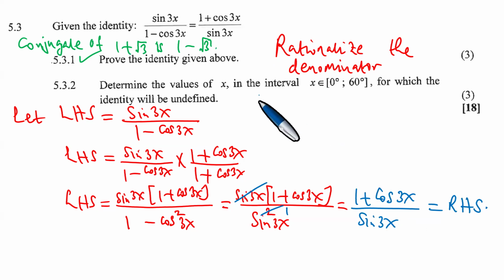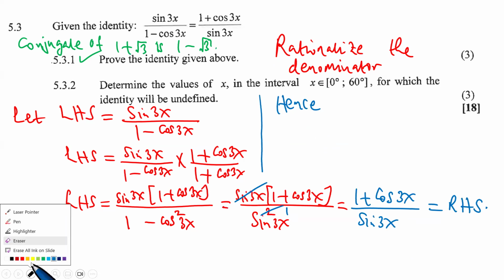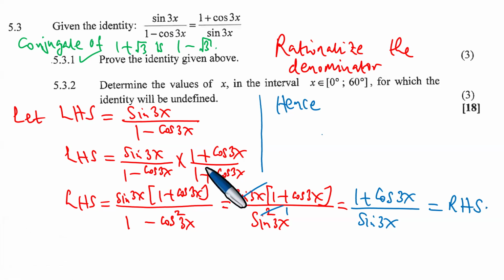And so we can conclude and say hence the left-hand side equals the right-hand side of the trigonometric equation.